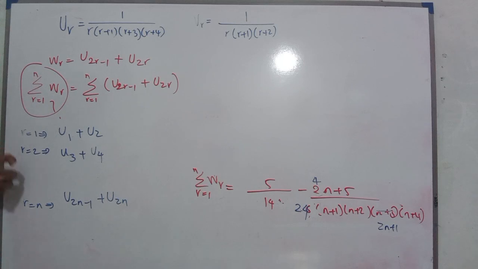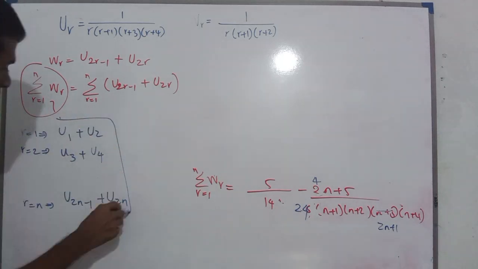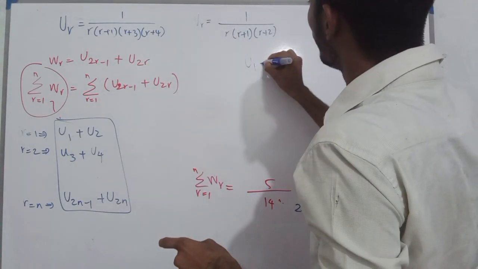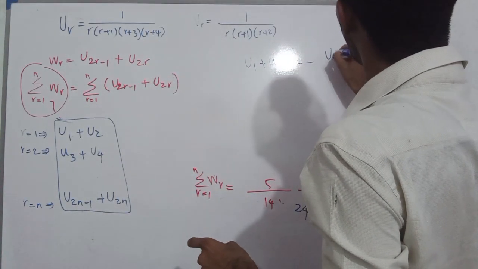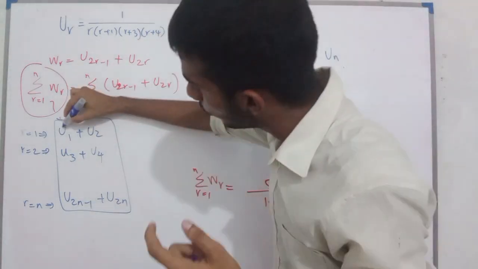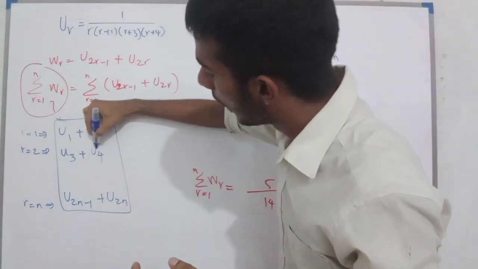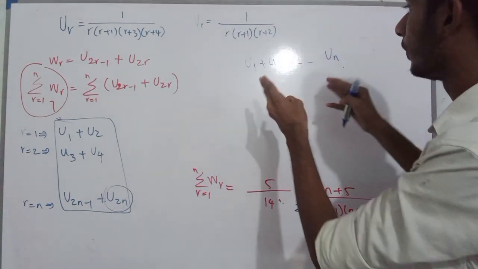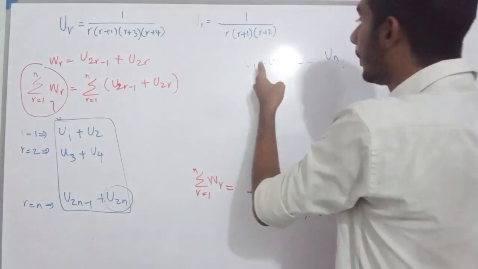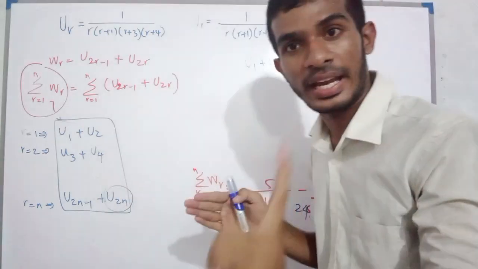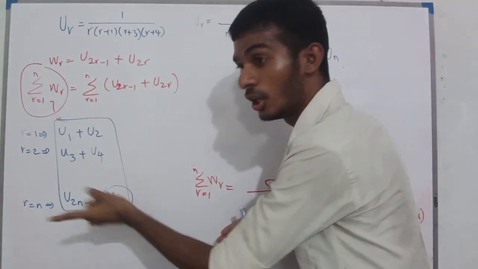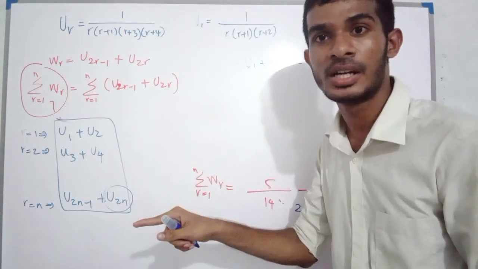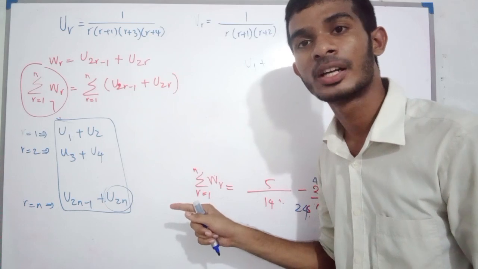Now you observe this. Earlier we added u1 plus u2 up to u_n only. But here you see u1, u2, u3, u4 up to u_2n. Now the number of terms are double. Earlier we added only n terms, but here we are adding 2n terms. Earlier if we had added 10 terms, now we are adding 20 terms.